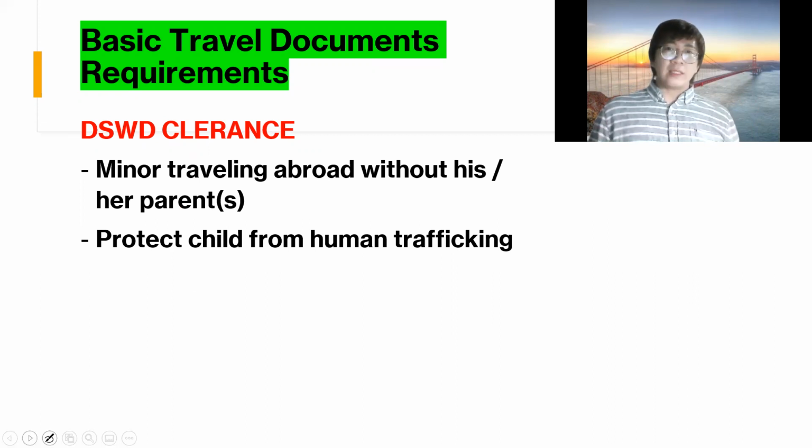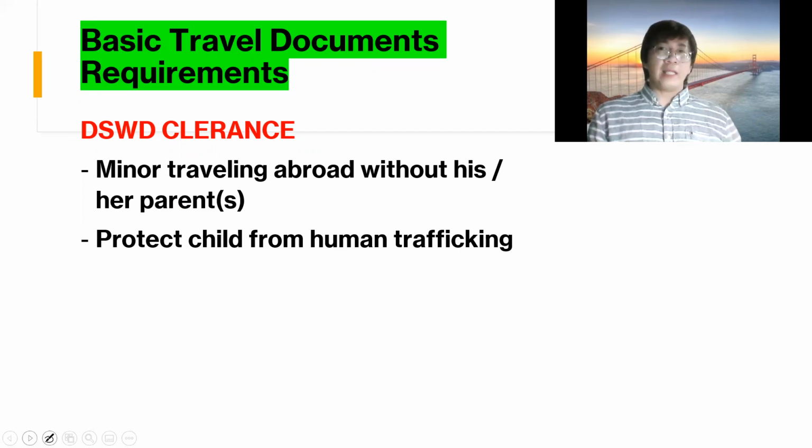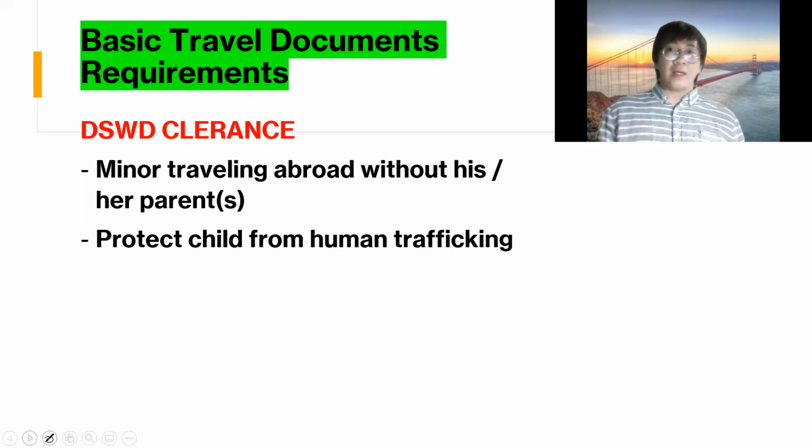Pero kung wala yon, kasama lang po yung ating lola, auntie, ganyan, you need to secure a DSWD clearance. You have to go to the DSWD website, check the requirement, and of course, apply kayo doon. This aims to protect the child from human trafficking. So they want to ascertain that this minor is indeed protected. Kasi syempre, you're traveling abroad, diba? Baka mamaya kung anong gawin niyo sa bata.